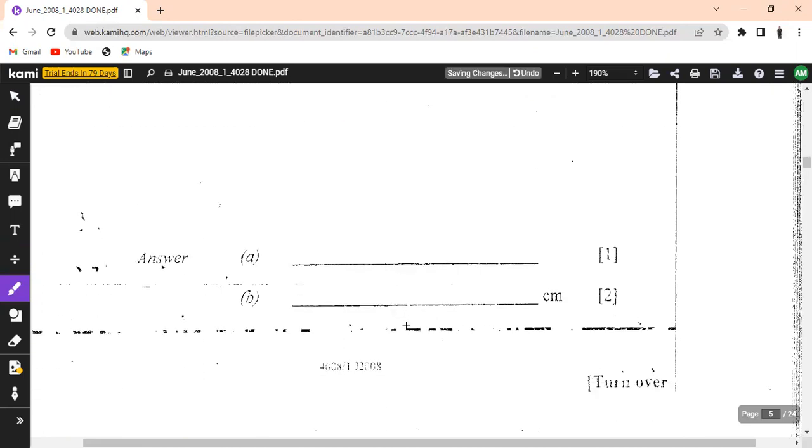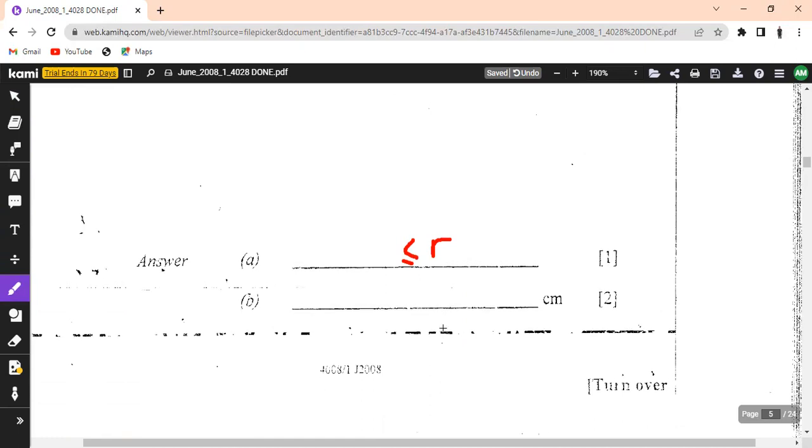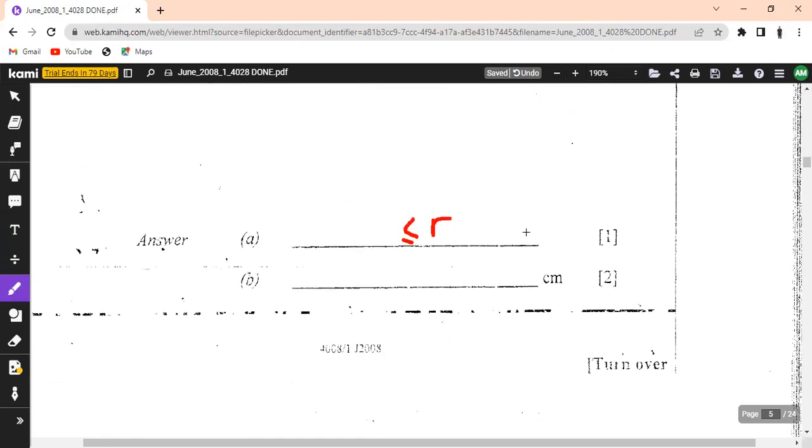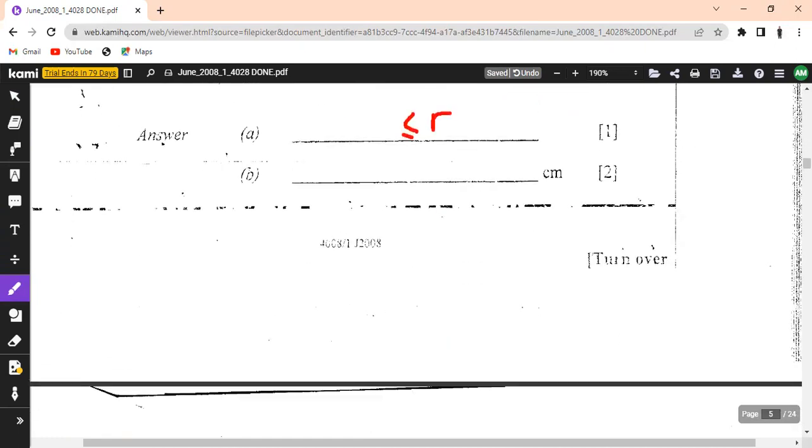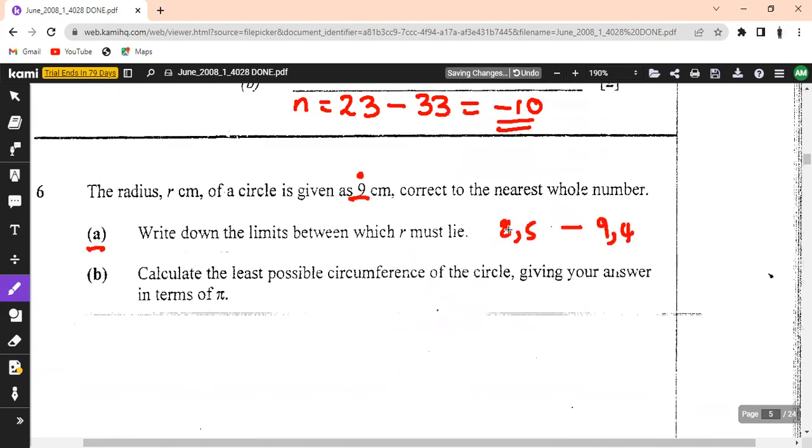In this case, you can write it as r is greater than or equal to the smaller value, 8,5. So 8,5 can be part of our answer, but less than, if you want to use the less than, you are going to write this as 9,5. If you use less than or equal to, you are going to write it as 9,4.